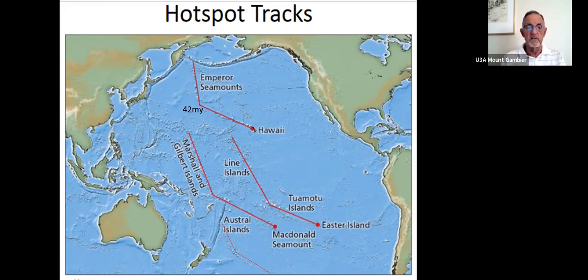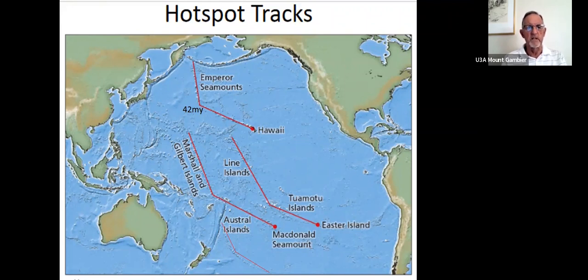And we notice there's a very consistent change in direction of those extinct volcanoes at about 42 million years in each case. And it seems that some significant change in movement of the Earth's plates, particularly the Pacific plate, occurred 42 million years ago.